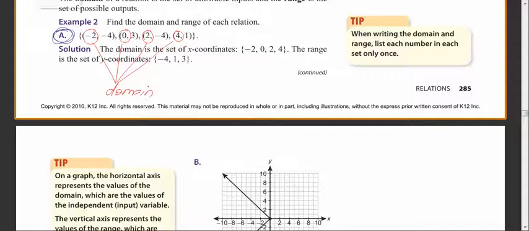And the second one, and I will change the color here, the y's in this case. For our algebra class, we know that the second number usually represents y's. That would be the range. Domain, what you put in; range, what comes out.